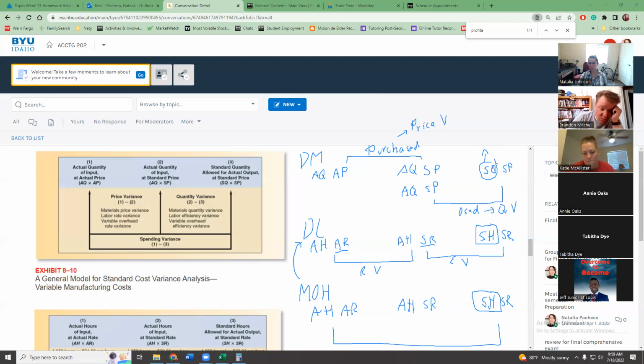And what we want is the standard quantity for all the actual output. So standard quantity per unit times the actual output. And the actual output is how many units they made for that period.